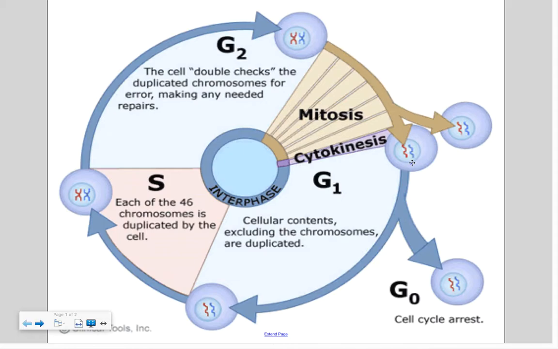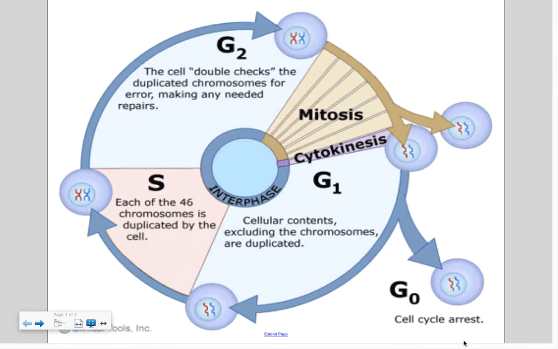From here as a brand new cell, this cell can enter one of two different stages. It first could opt to go this path into what is called G0. You can see here on the picture, they label it cell cycle arrest. What that means is that cell will not divide again. If we think about cells in our body that do not divide again, we think about nerve cells. As you develop, those nerve cells are formed, so we can sense if we touch a hot stove, and we pull our hand back.